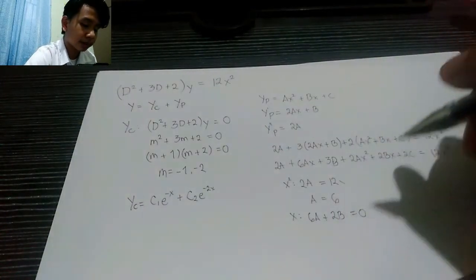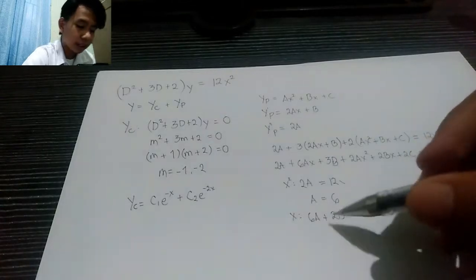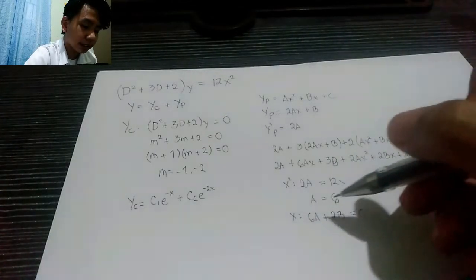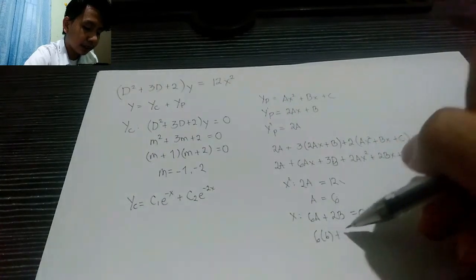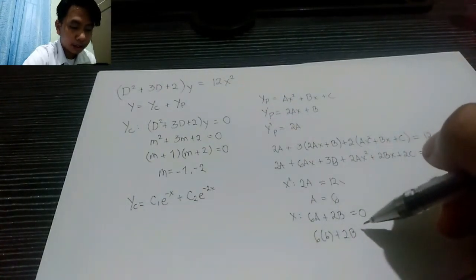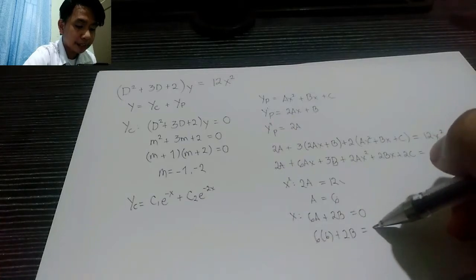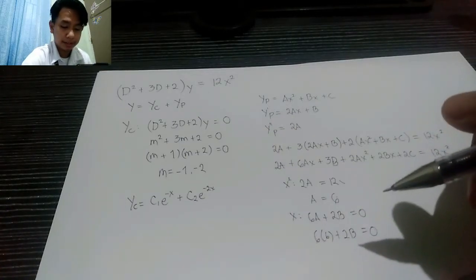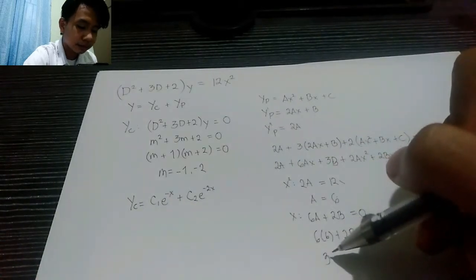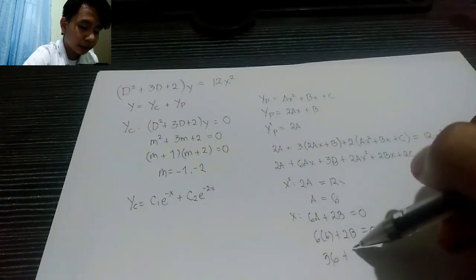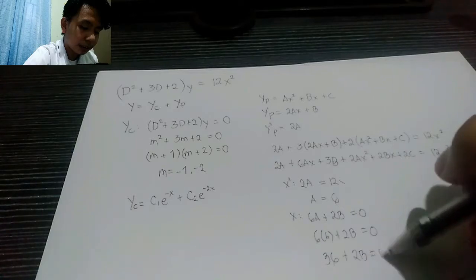Since may value na tayo ng a, pwede na natin siyang substitute. 6 times 6 plus 2b equals sa 0. 6 times 6, 36 plus 2b equals 0.